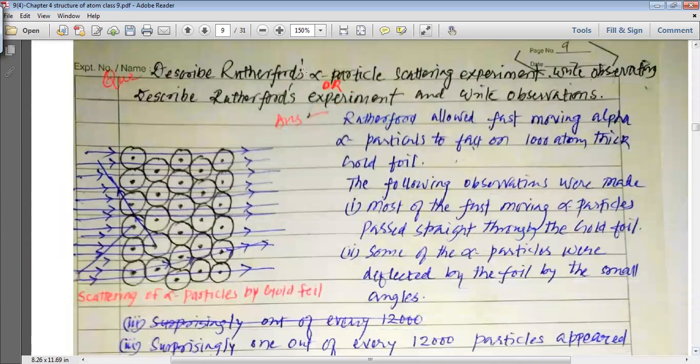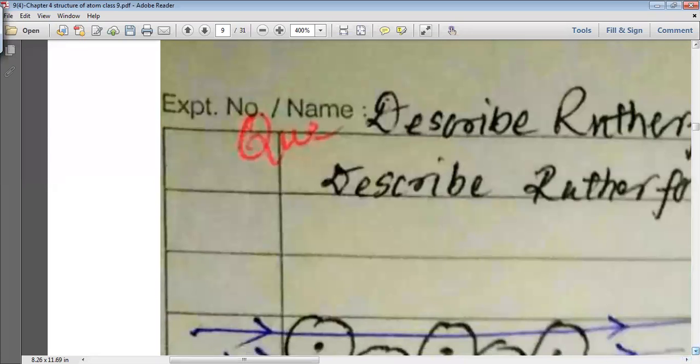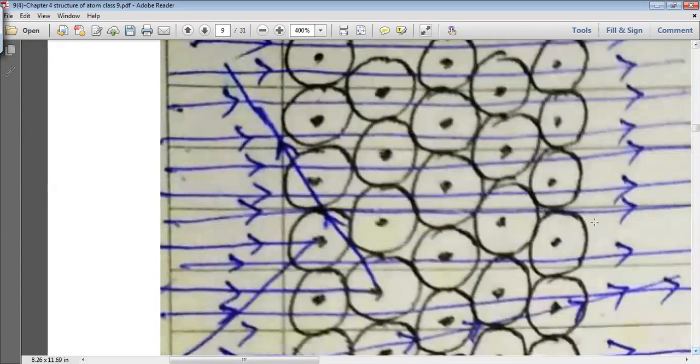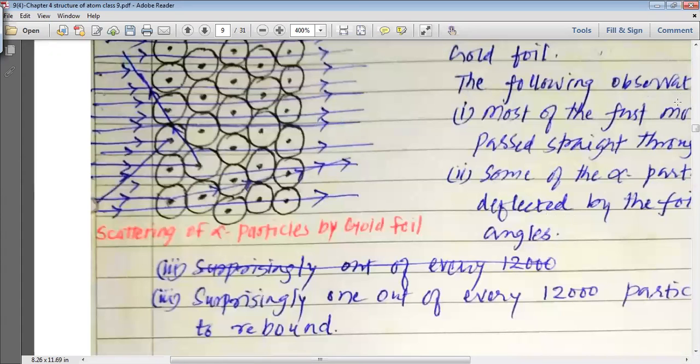Now let us describe Rutherford's alpha particle scattering experiment. Write the observations. Describe Rutherford's experiment and write the observations. So first we need to understand Rutherford's experiment, and then we will look into the observations.